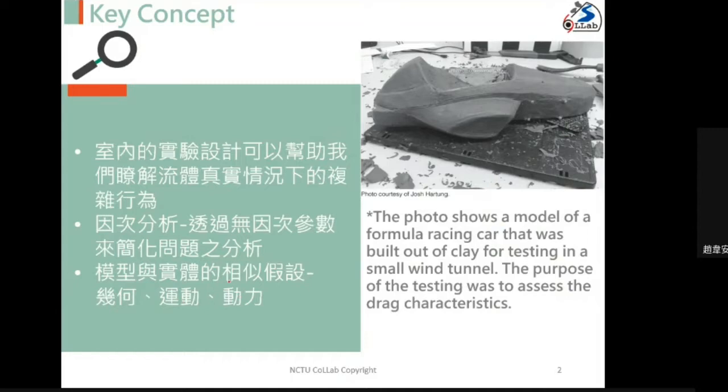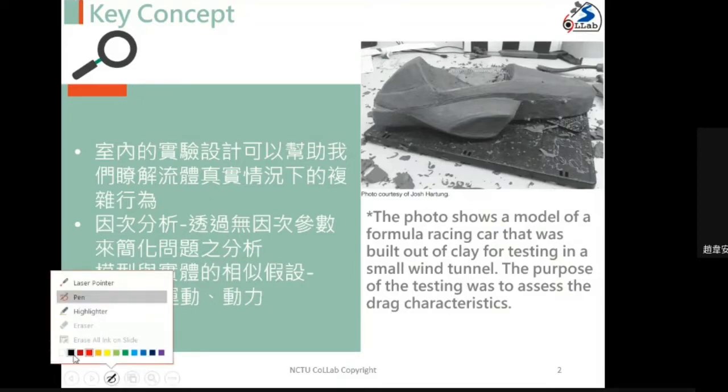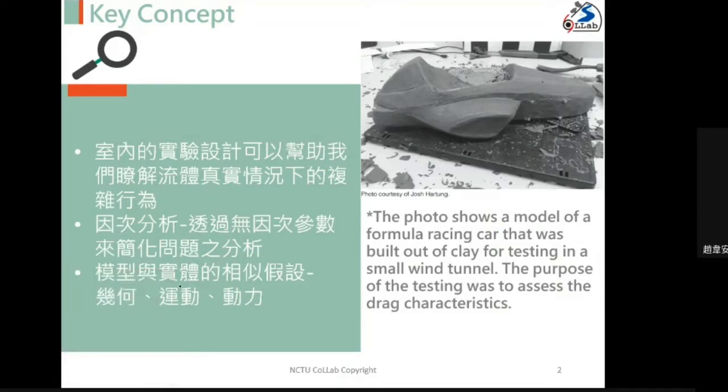So if we would like to predict the practical physical behaviors by models, we need to satisfy some similitude analysis.